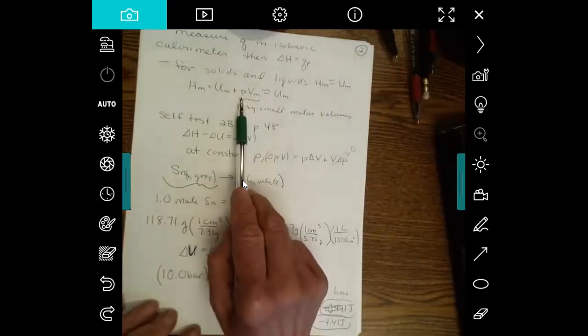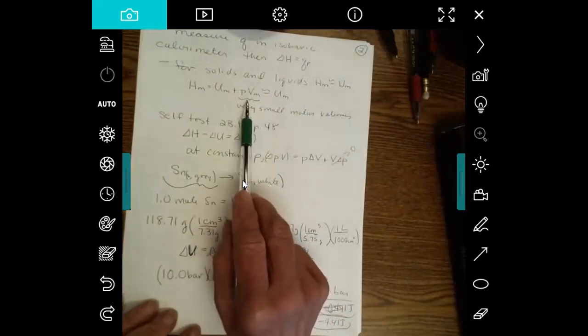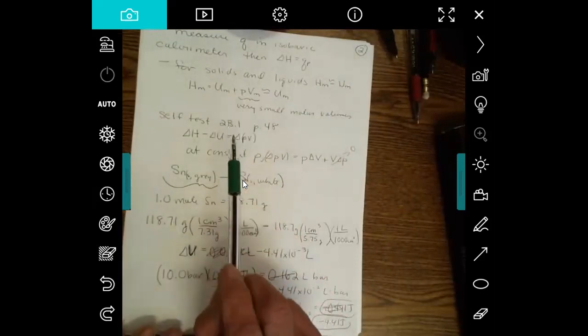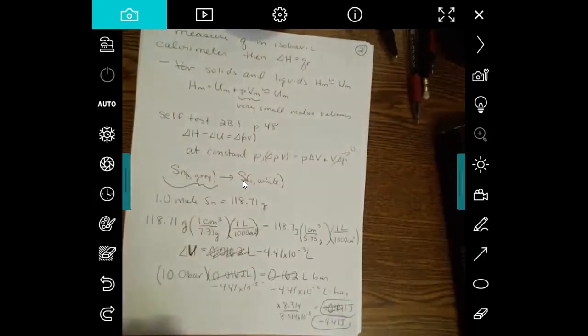If you change the pressure, you don't change the volume of a liquid or a solid very much. So this product is very small, and therefore the enthalpy per mole is about the same as the internal energy per mole.